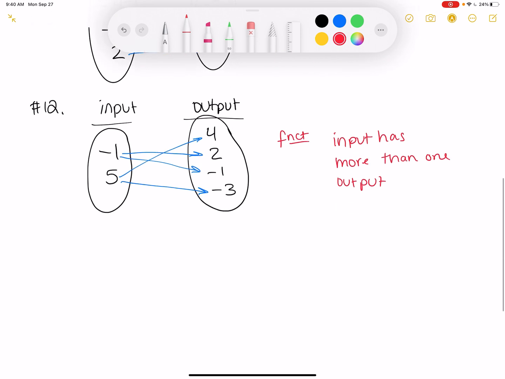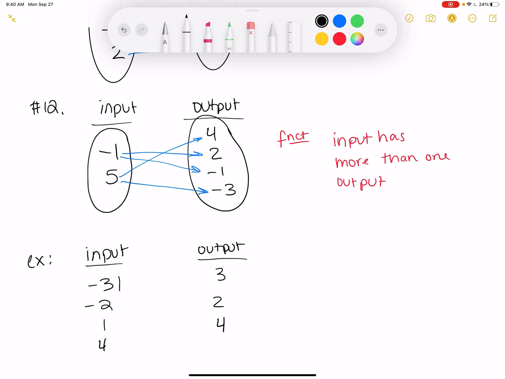All right, I'm going to do one more example just so we see it. It's not one in the book. -3, -2, 1, 4, and then 3, 2, 4. Actually, I might have pulled this one from another page, because I wouldn't have written them that way. It's okay.